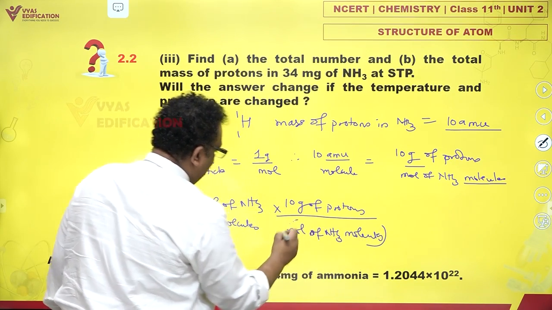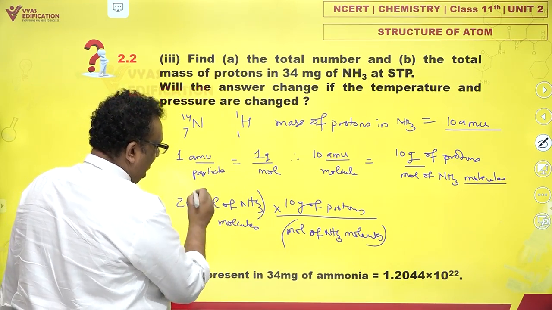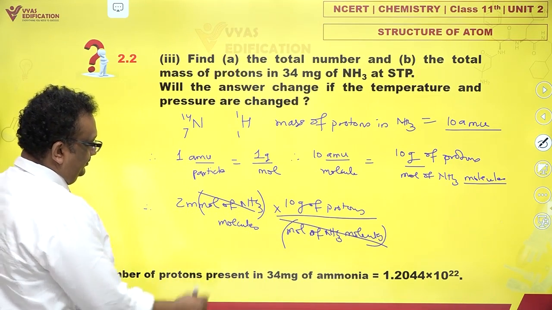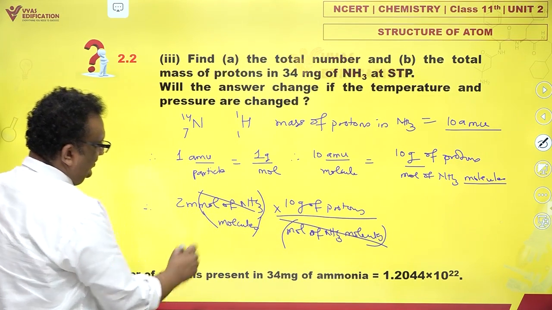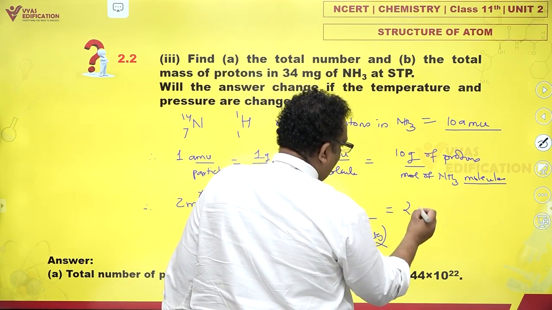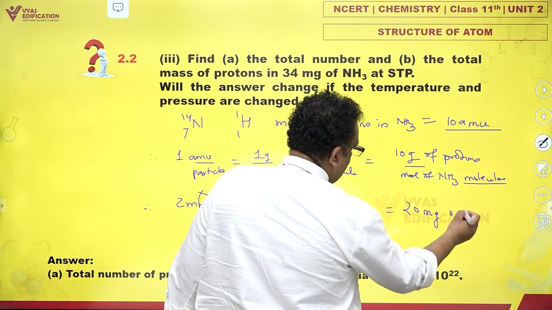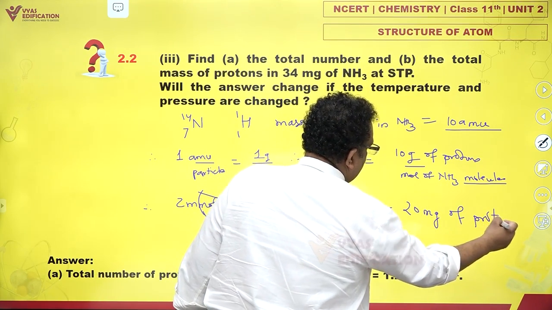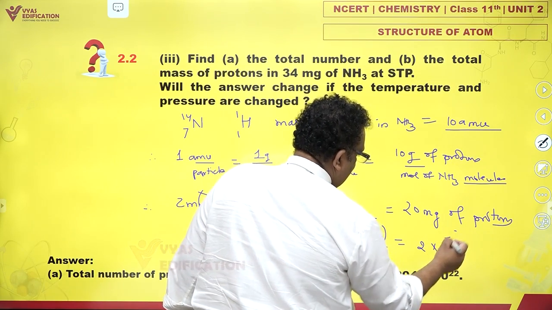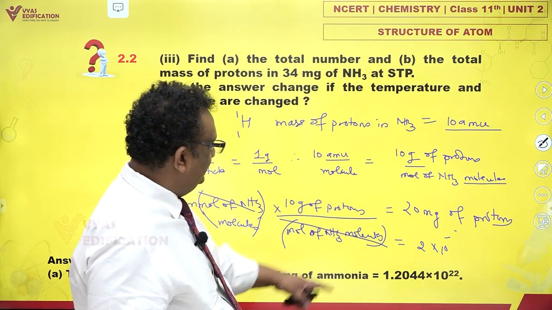I have written units very clearly so that you can just cancel this. So I get how much? This is 20 milligrams of protons, or 2 into 10 raised to minus how much?